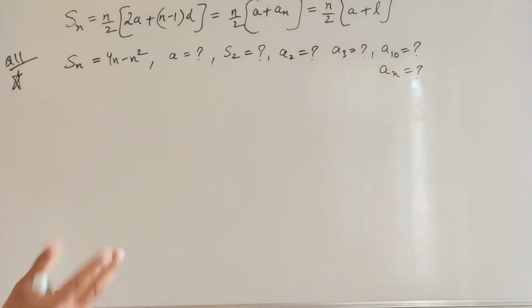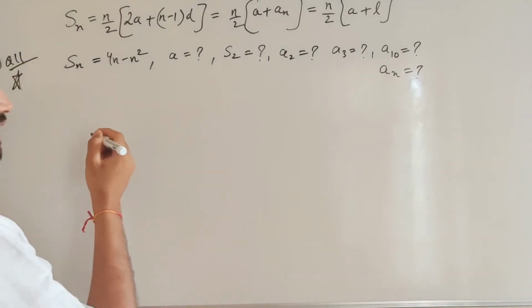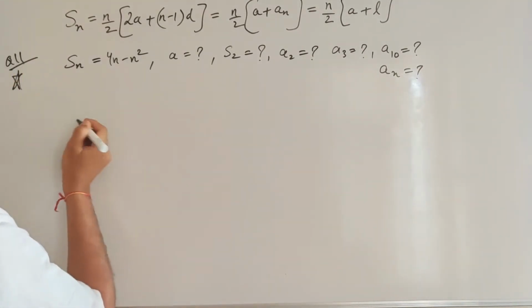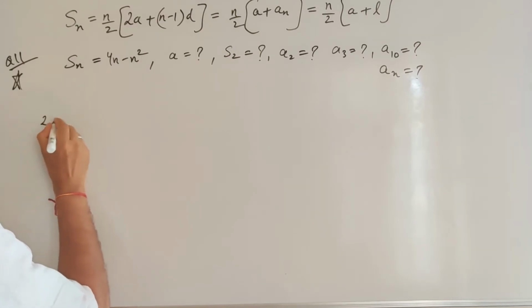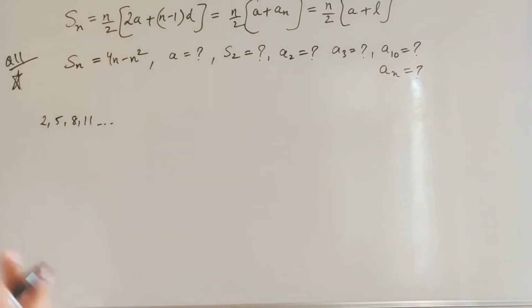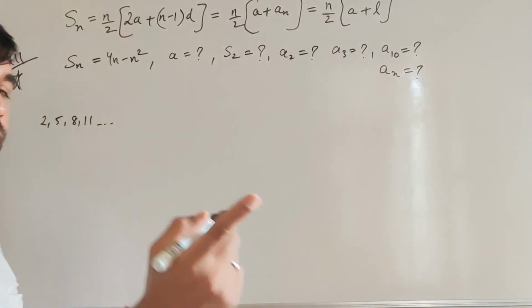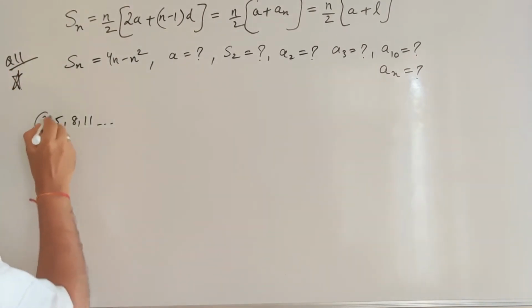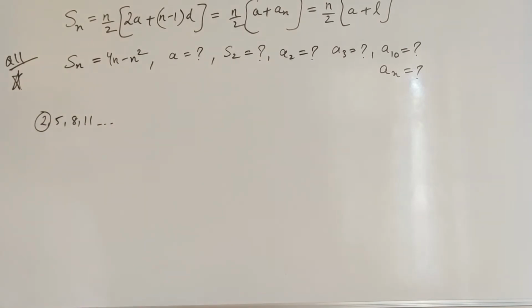Now let us understand what you mean by S1, S2, S3. Okay, let us say I have an AP, for example, 2, 5, 8, 11 and so on. S1 means the sum of the first term, which means the first term itself. Correct?